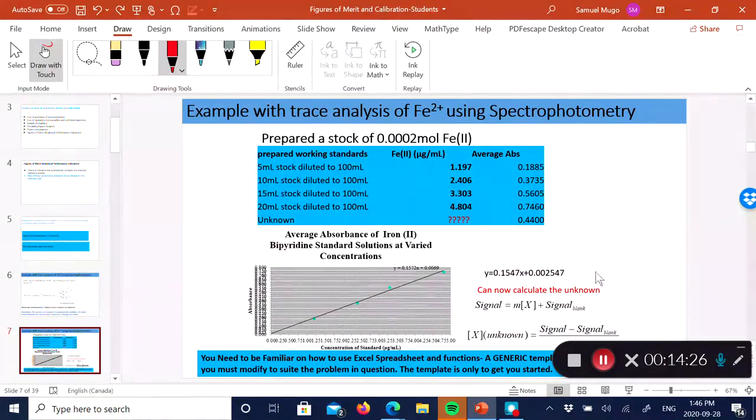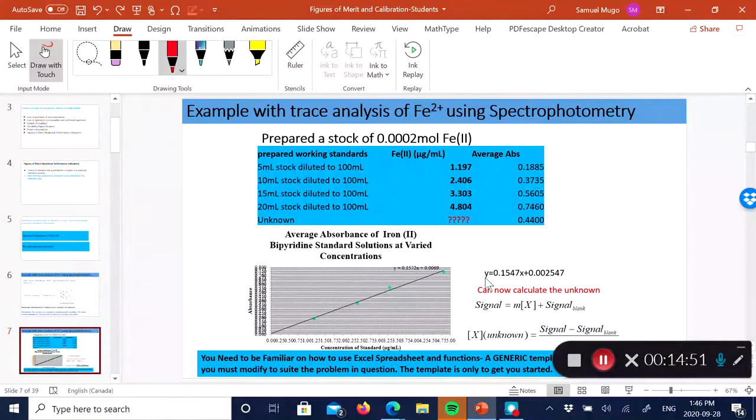So you generate the linear regression. And based on the linear regression, y is equal to the slope times x plus the intercept. And now you can calculate the concentration of the unknown using this regression. Remember, what you're looking for is the x. You already know the y. The y is a signal.